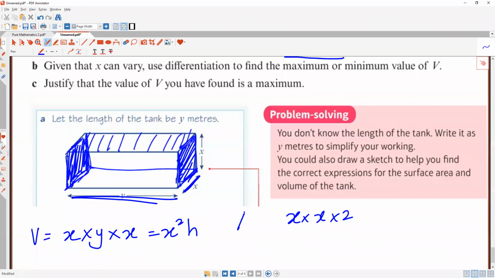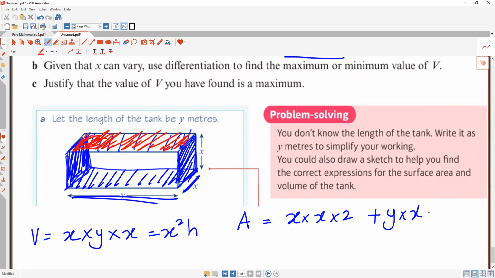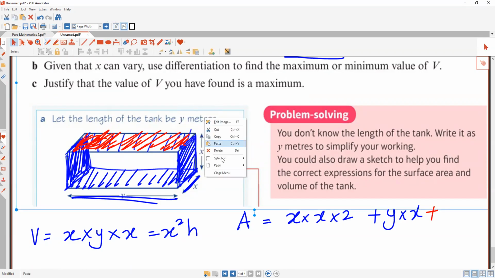Plus the bottom area, which is x into y. I will not take the upper area. I told you guys already, since it has no top, this upper area can be ignored. Plus the side area.